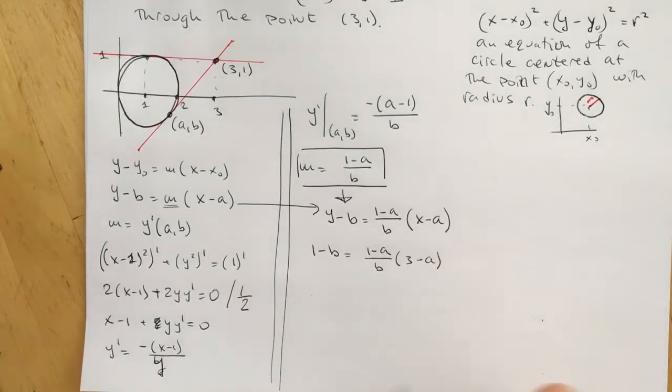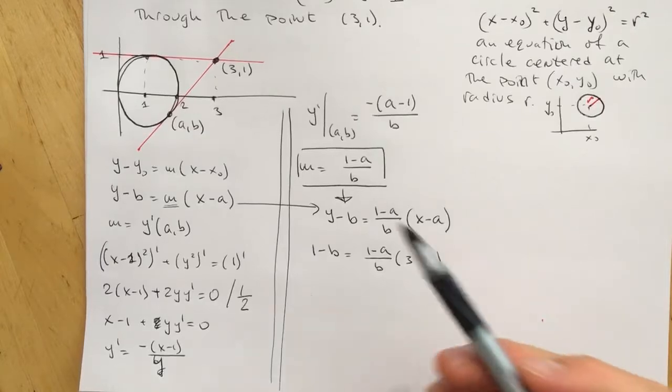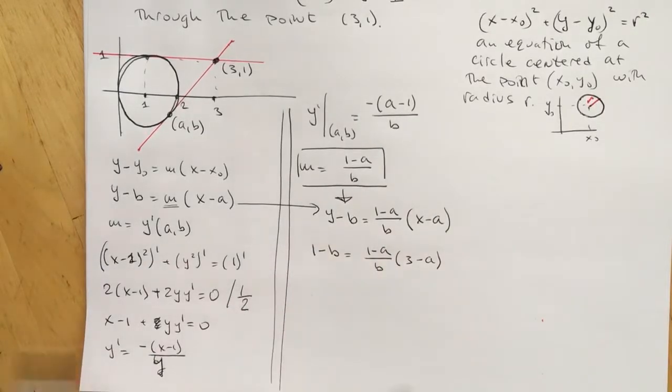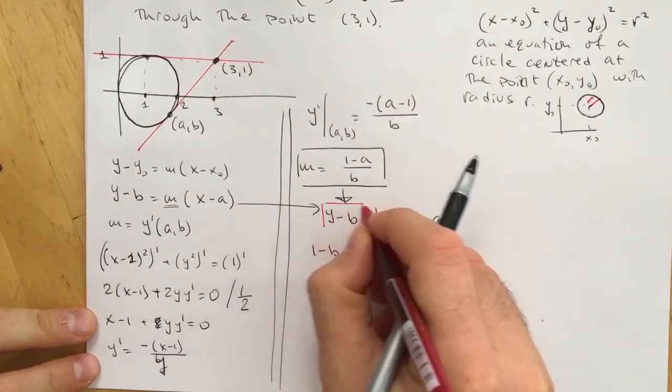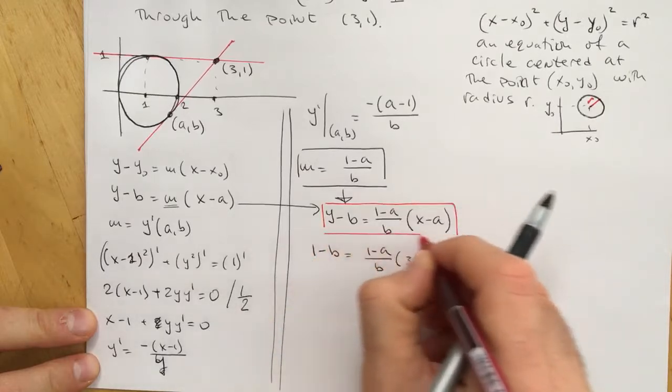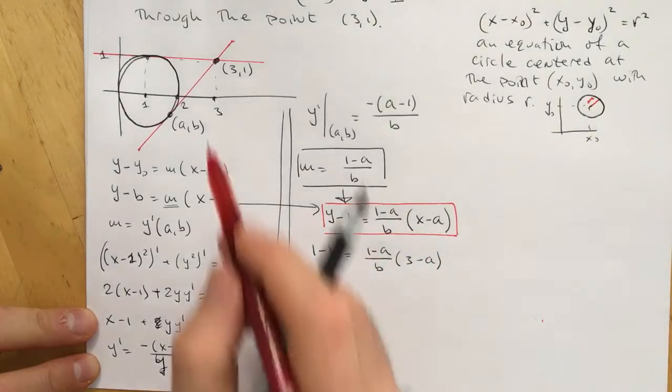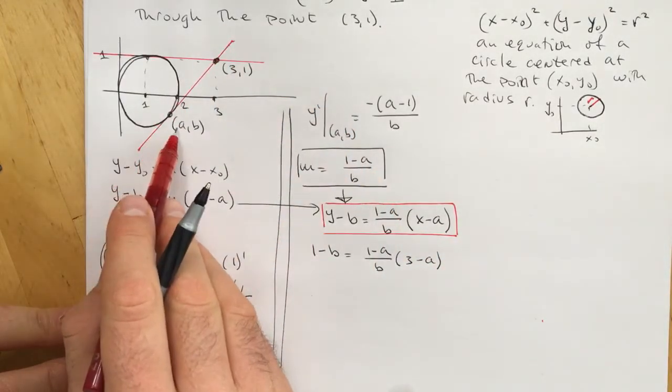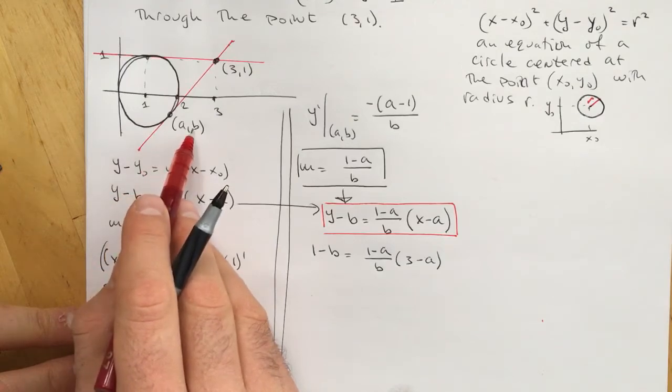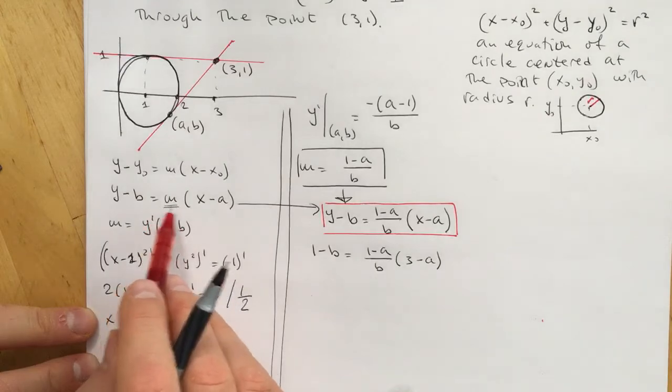So one more time I'm going to repeat what just happened. I have found so far the equation of the tangent line based on what? On the fact that the tangent line passes through the point AB, which I'm still to determine what's the value of A and B, right?